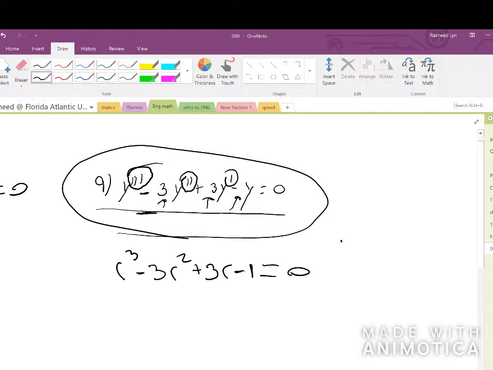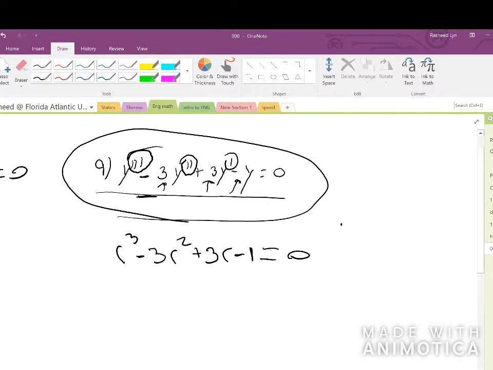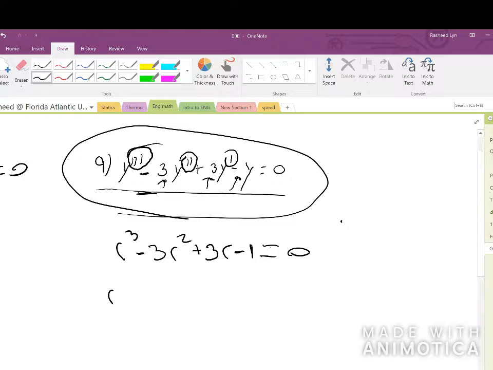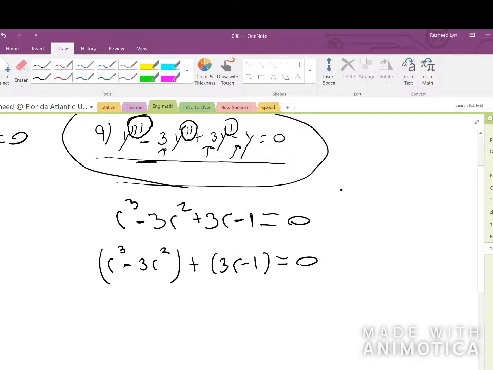Now, what I would have done when I first start these problems is try to group them. So this will be r cubed. I'll group r cubed and r squared, plus, and I'll group 3r minus 1 and set it equal to 0. Right here, I would have pulled out r squared, and you will be left with r minus 3.